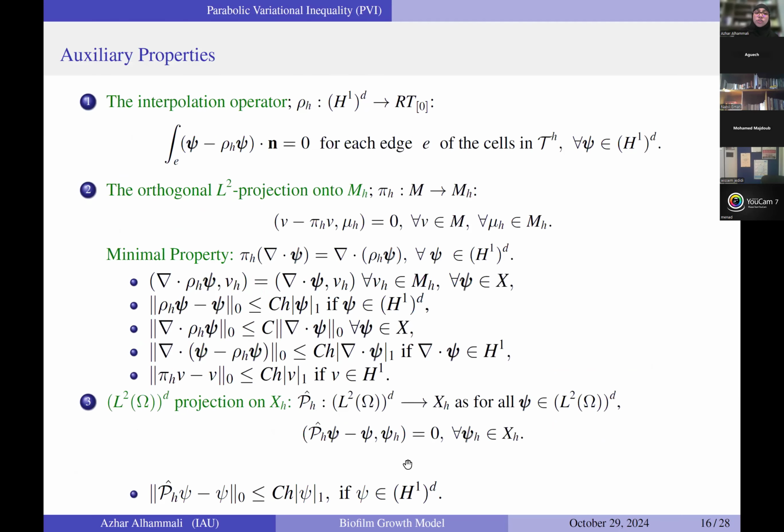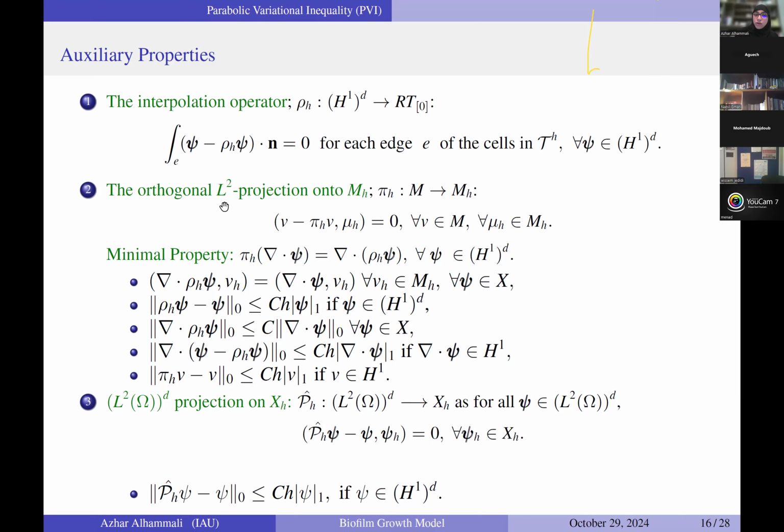Okay, and to derive the error estimate, we used some auxiliary properties of some operators. We implemented 3 operators. The first one is the interpolation operator, on H1. It is defined such that the normal component of any function in H1 coincides with the normal component of its interpolant on each edge.